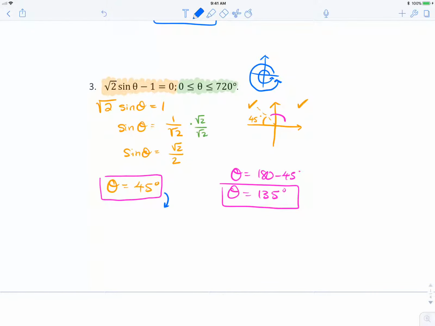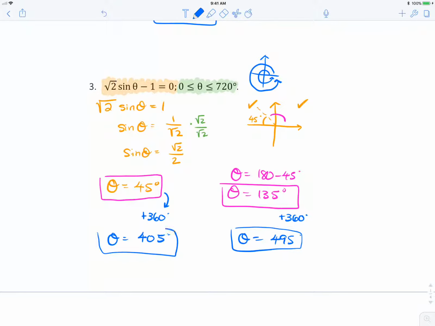So the easiest thing to do is I can add 360 degrees to both of these values. When I do that, I end up at the exact same place, but just a circle further in. So that gives me those 2 more values: 405, not 409, pardon, and 495.